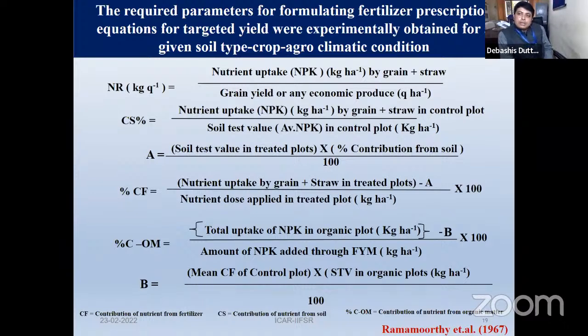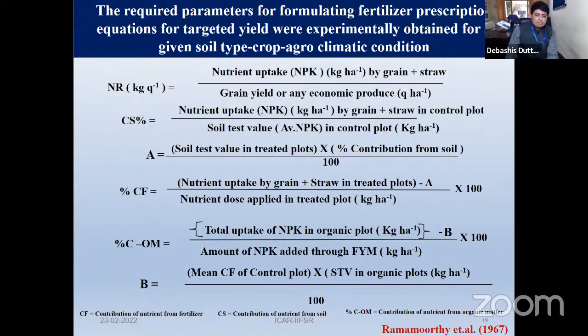If we are interested to see how much the organic source of nutrient contributes in the soils, through these calculations we can easily calculate the contributions of organic sources of nitrogen, organic manures in the soils, for plant nutrient uptake. And by designing the experiments and applying this formula, you can easily calculate the contribution of organic matter or compost for plant production systems.